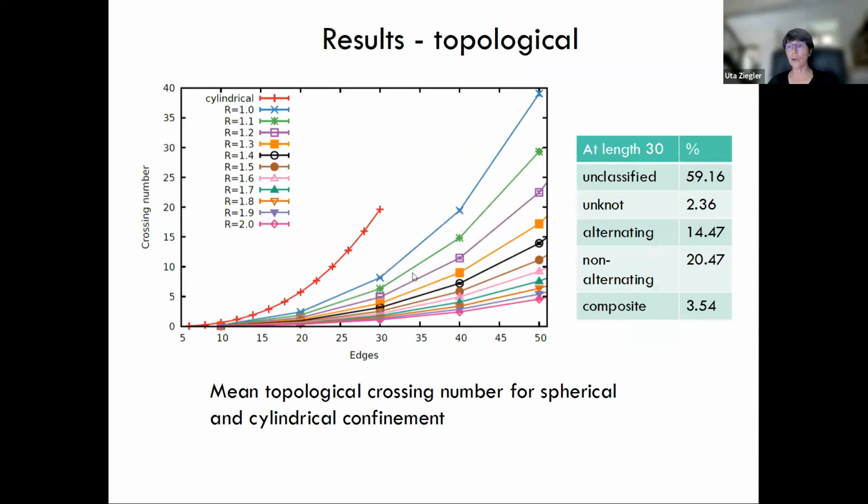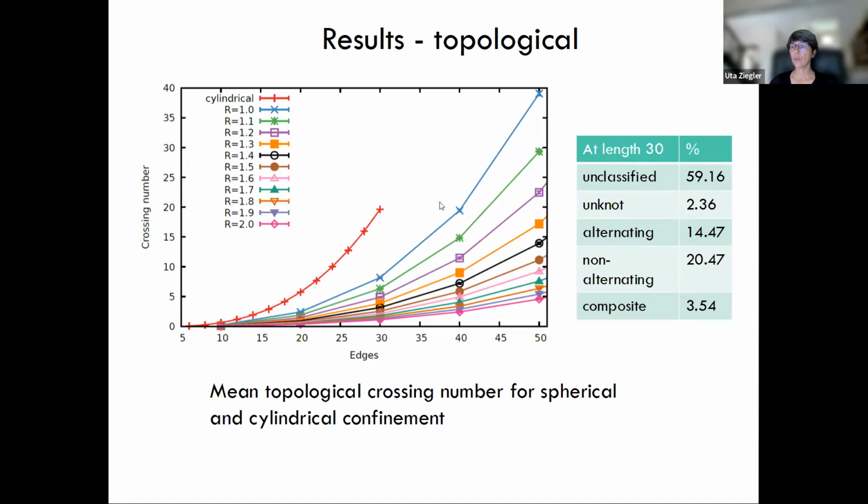So I'm going to start out by looking at the topological results. This part of the graph here is all spherical data. We have radius of confinement 2 going all the way down to radius of confinement 1. And this here is the cylindrical data.